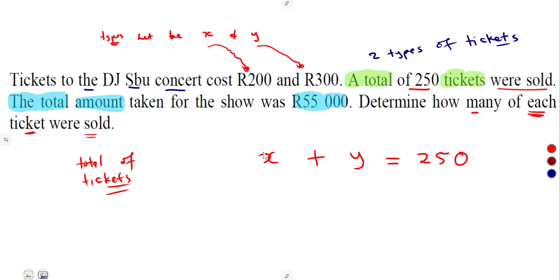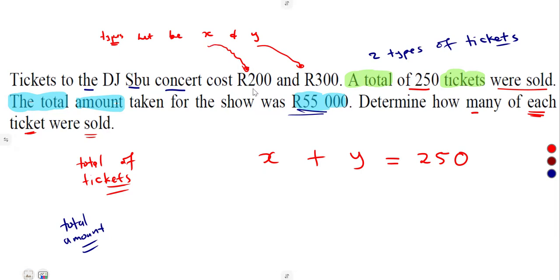Each type combined together. Then we have the amount, the total in terms of the amount taken was 55,000. The total, what does it mean?